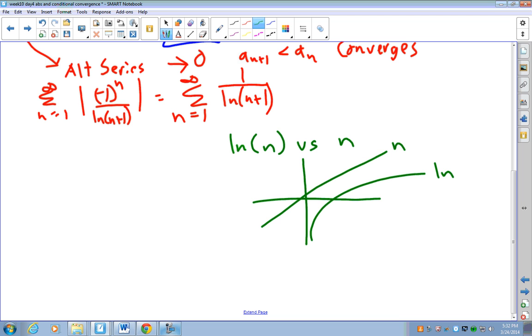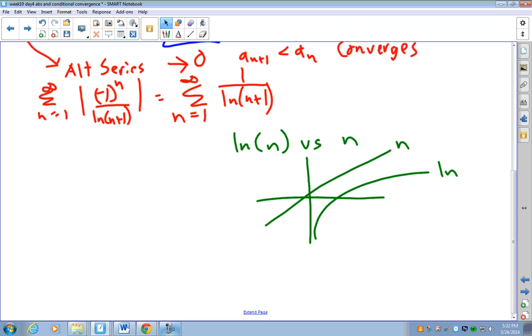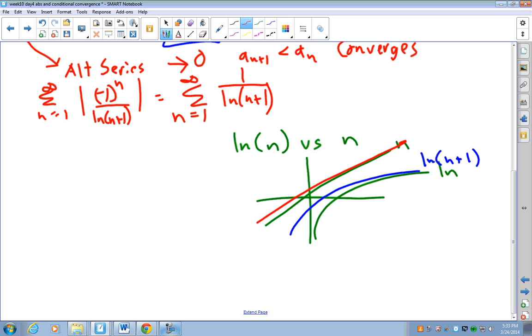All that would do is shift it over 1, to the right or to the left. The biggest part, though, is I want you to look at that and realize who's more powerful. Who's blowing up quicker, n or ln? Just from the picture, n is going to be bigger than ln of n plus 1.